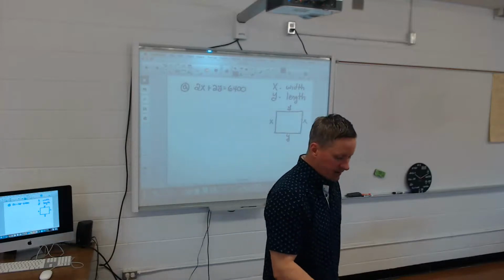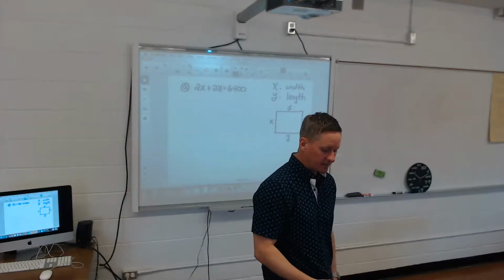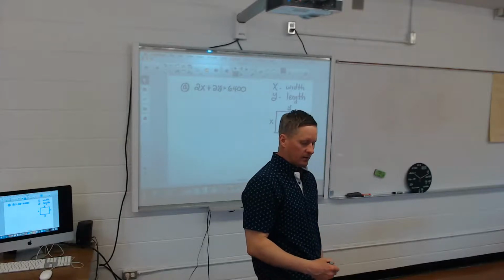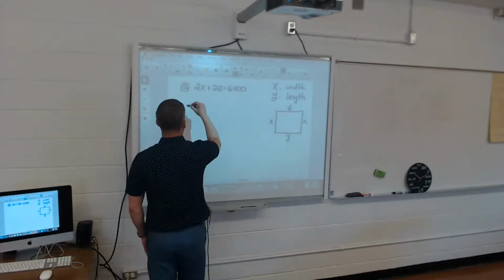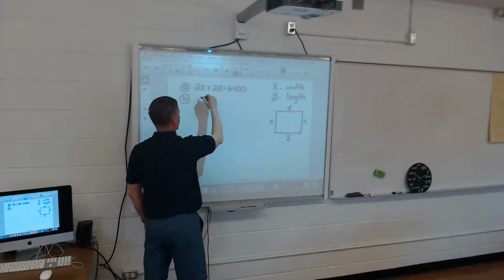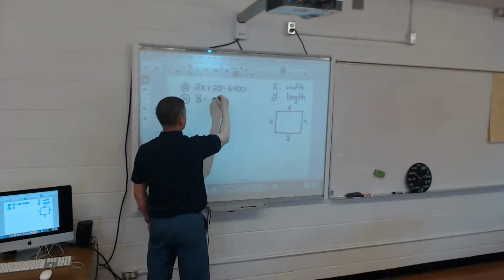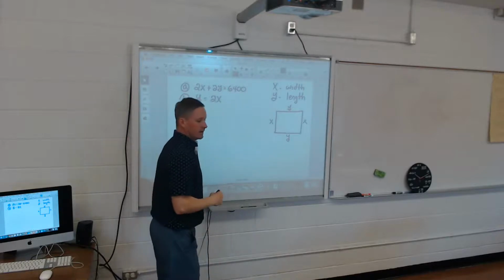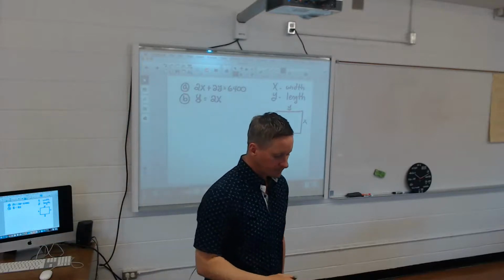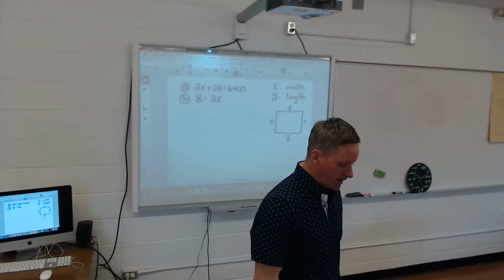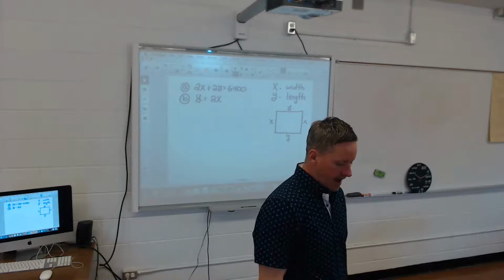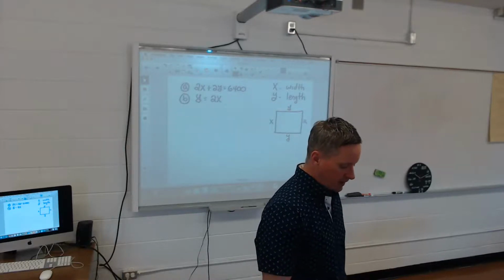The second part of this says 2 times the width is 40 more than the length. So in B, my length, which I said was y, is 2x. Now I got to think this through. It says 2 times the width is 40 more than the length. So do I add 40 or do I subtract 40 here, girls?